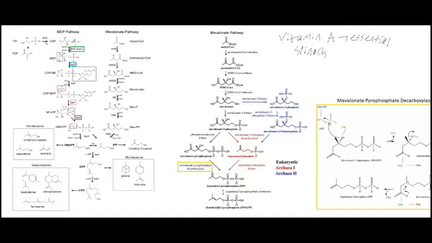there are two places to start. And so what happens is the precursors, the very first precursors of vitamin A synthesis are these things, which are pyruvate and glyceraldehyde 3-phosphate, which come from sugar.